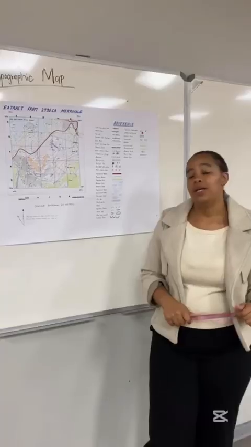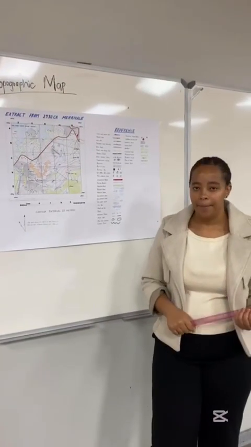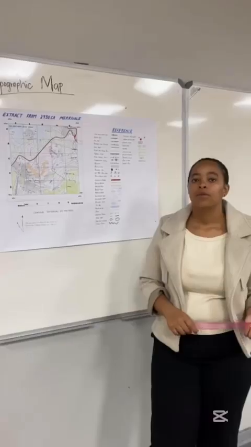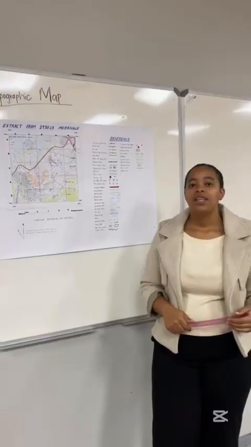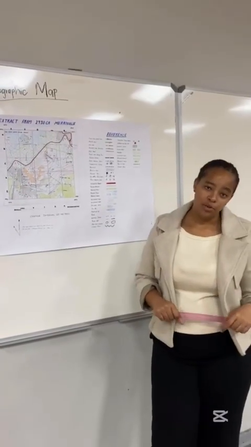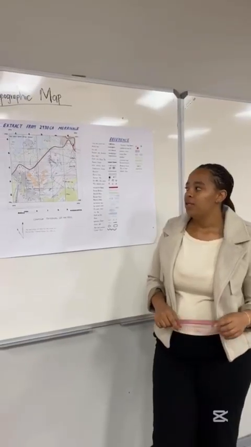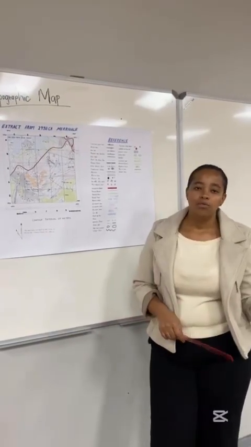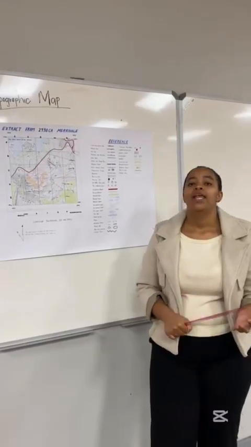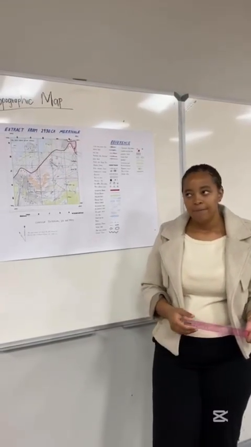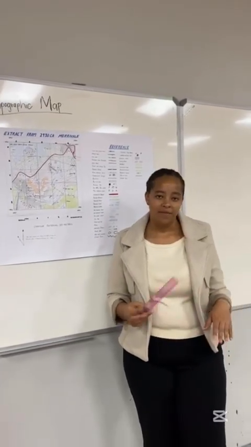Before we continue with our lesson, let us first ask ourselves, what is a topographic map? A topographic map is a special kind of map that represents the three-dimensional shape of land on a flat piece of paper. Unlike ordinary maps that show us towns, roads and rivers, a topographic map also shows us the elevation of the land, which shows whether the land is high or low above sea level.